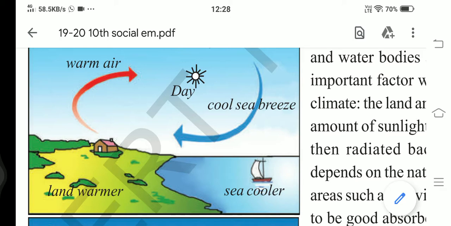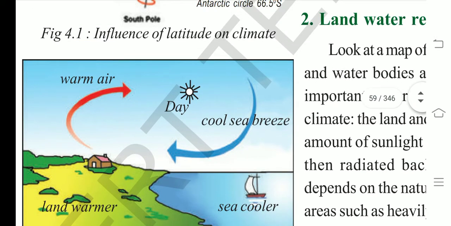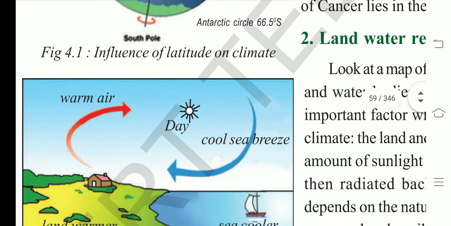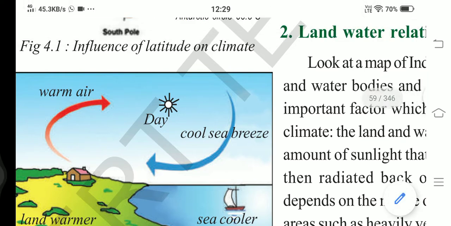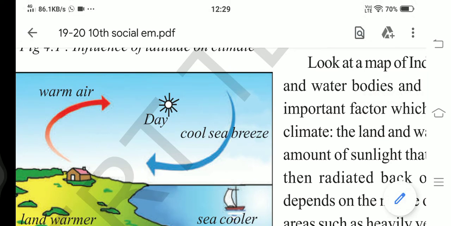The warm air becomes light in weight and rises into higher altitude, which is shown in the diagram by the red arrow. The sea breeze, which is cool, is heavy in weight, so it sinks down and starts moving from the water bodies to the land.